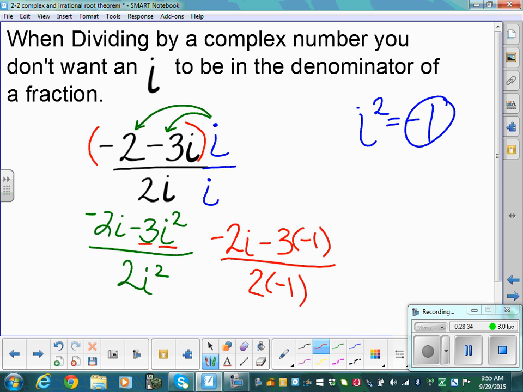Now let's simplify it further. Okay, so looking at this negative 2i, we still have that. So we have negative 2i, and then we have negative 3 times negative 1, plus 3, and that's all over what's 2 times negative 1. Negative 2.